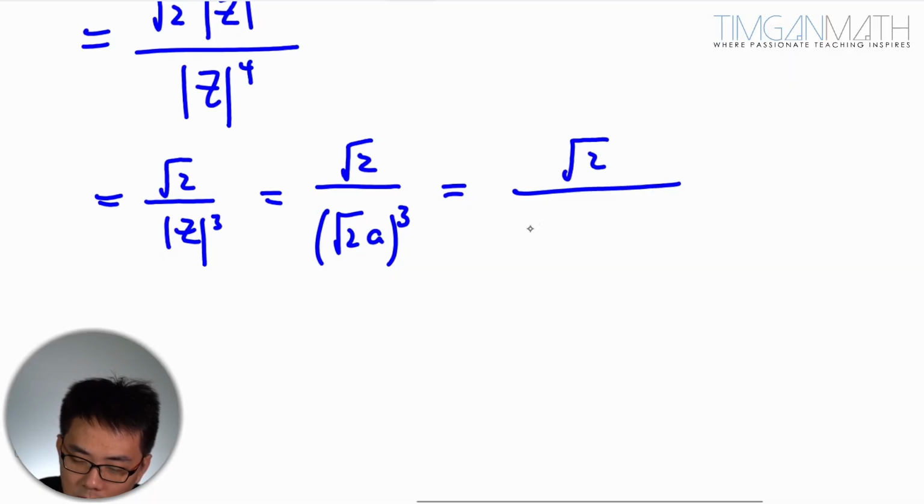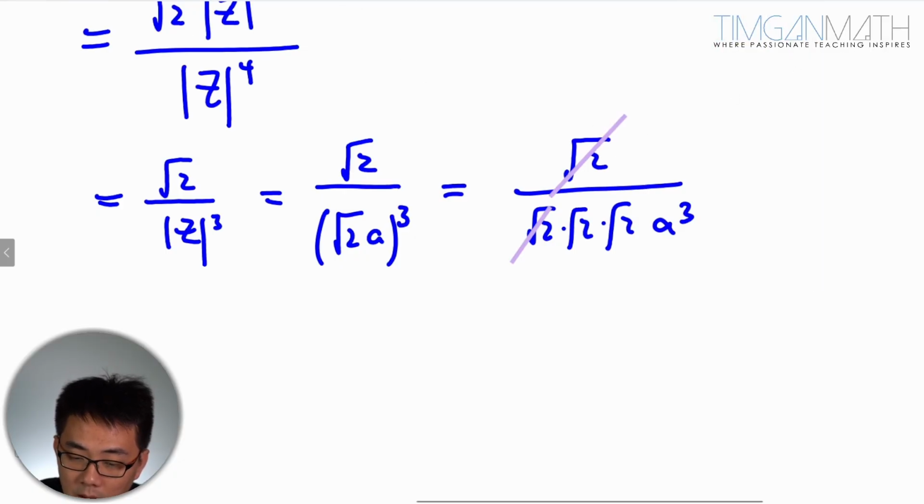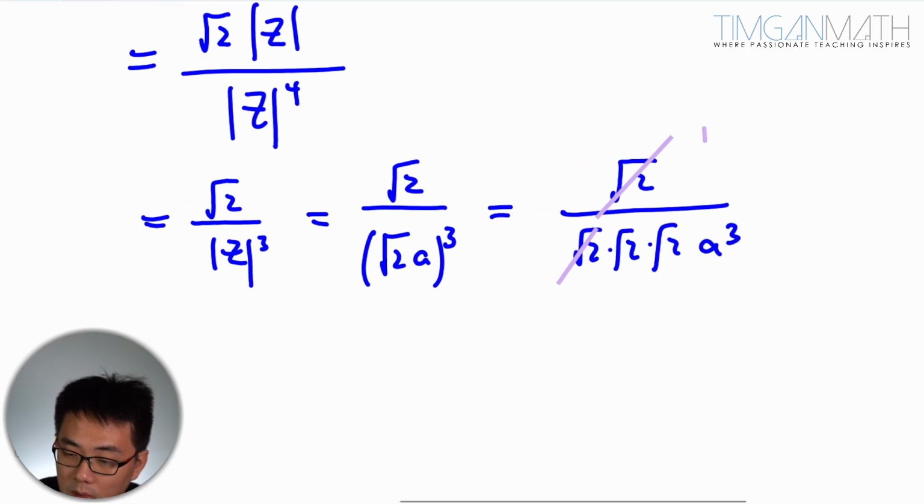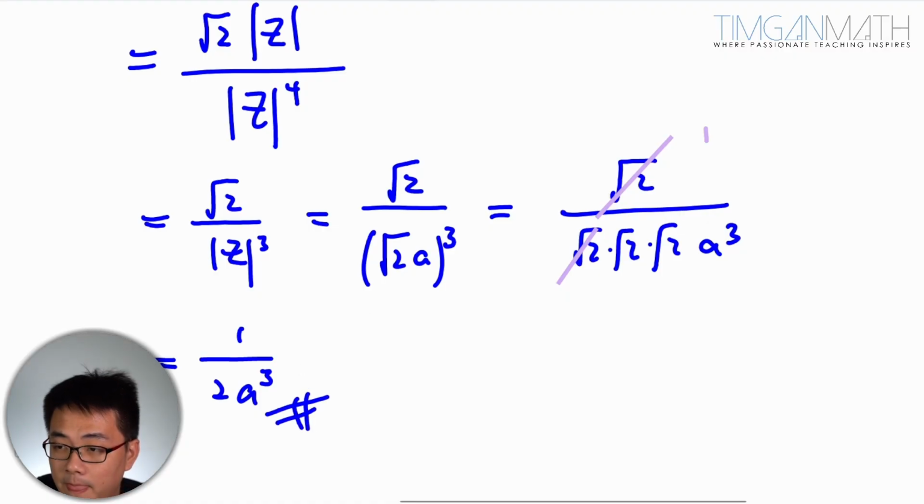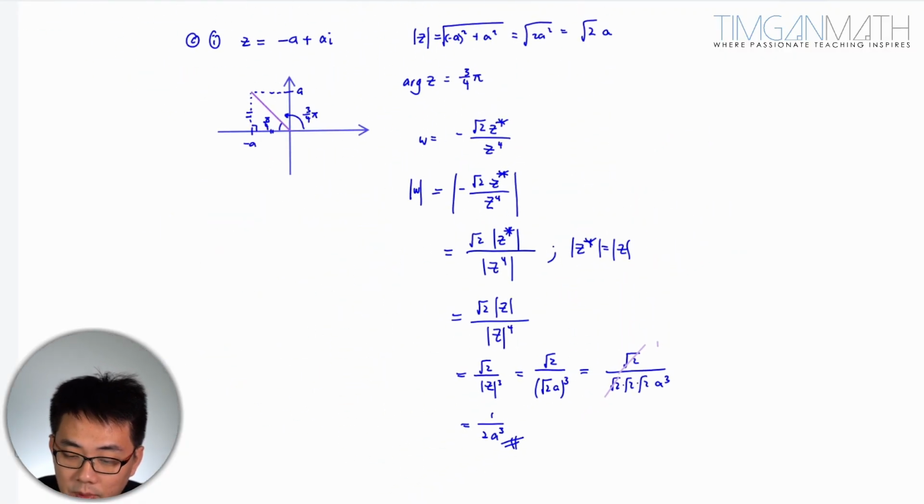So root 2, this is root 2 times root 2 times root 2, and this is a cubed. This root 2 will cancel away. And what we are left with here is 1, 1. This is 2, so it's 2. This is 1 over 2a cubed. Okay, there you go. So we got the modulus.